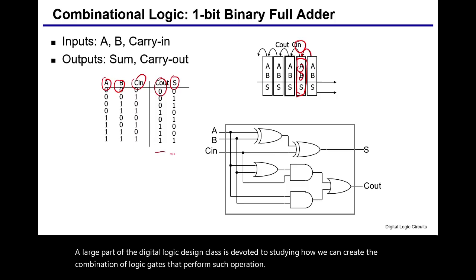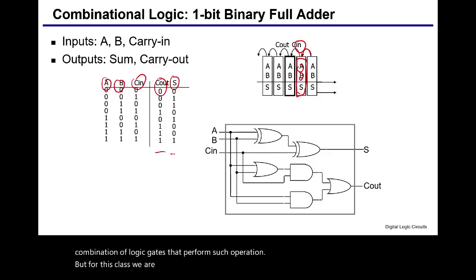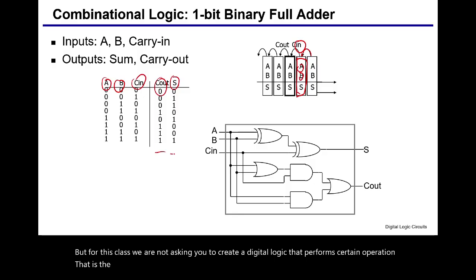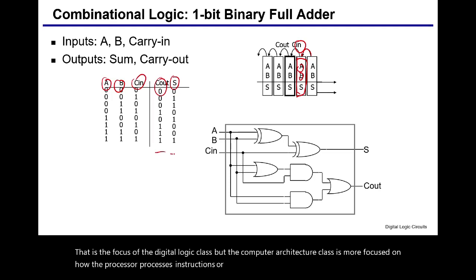But for this class, we are not asking you to create a digital logic circuit that performs certain operation. That is the focus of the digital logic class. But the computer architecture class is more focused on how the processor processes instructions or machine codes to handle user level software.